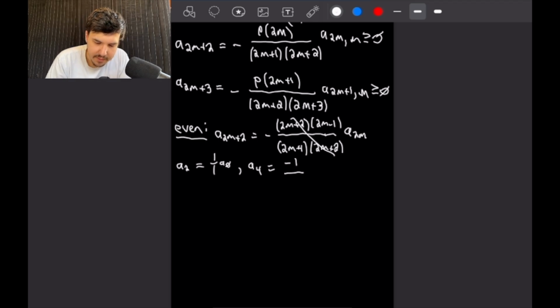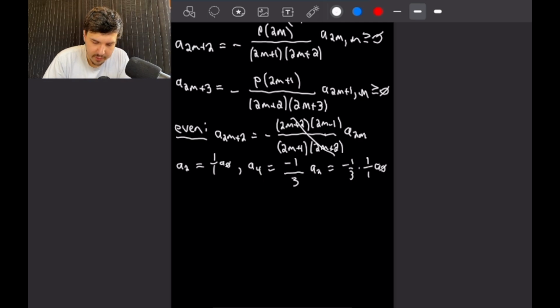And our denominator will be, well, let's see, we have 2m plus 1. Well, if m is equal to 1, that'll be just 3. So we'll have negative 1/3 for our a sub 4, and that will be times a sub 2. So let's go ahead and substitute our a sub 2 into that as well. So that'll give us negative 1 over 3 times 1 over 1 times a sub 0. Great.